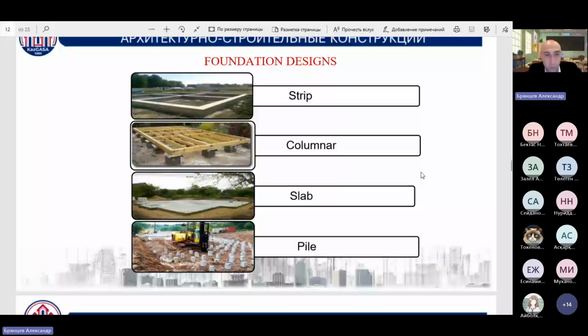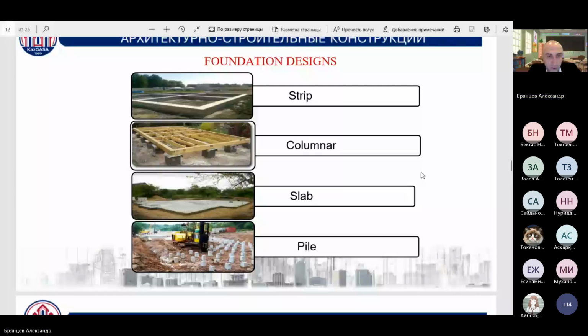Pile foundations are used when we need to transfer the heavy loads of the building deep into the soil, when the surface ground is loose, not strong soil. In that case we need to use pile foundation.